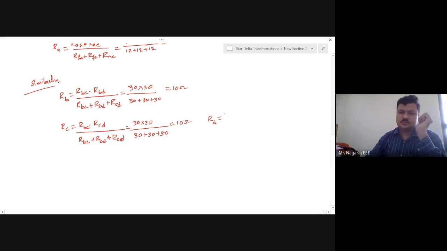RD is equal to RBD into RCD divided by RBC plus RCD plus RDB. 30 into 30 divided by 30 plus 30 plus 30. Again, this is 10 ohms.